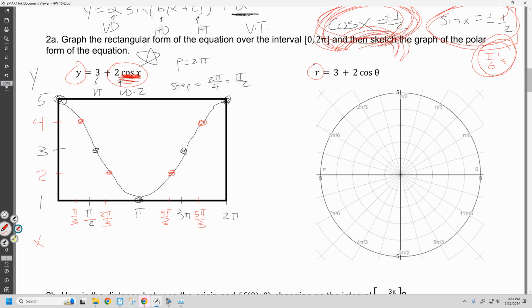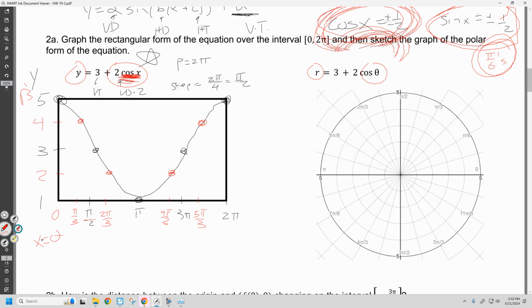So we could think about these values as being r's. We're replacing x with theta, so we can think of these values as theta. Which means you have 1, 2, 3, 4, 5, 6, 7, 8, 9 points that were very easily produced, which now can be graphed on our polar coordinate system.